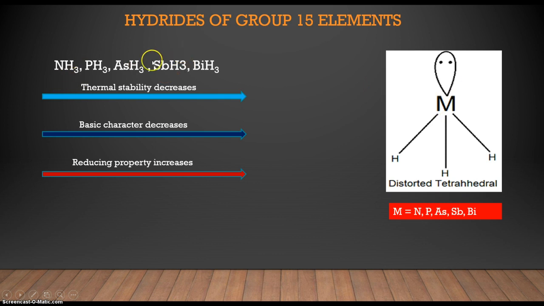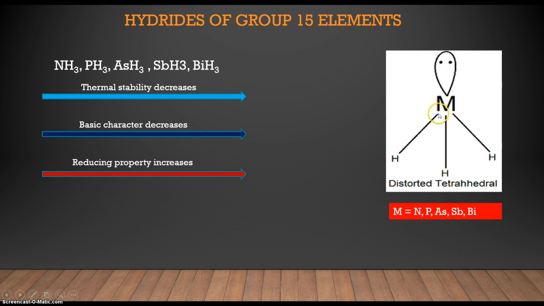Now, we are going to discuss some properties. What is the variation of some properties as we move from NH3 to BiH3? As you can see here, as we move from nitrogen to bismuth, the size of the elements increases. As the size increases, the length of the MH bond will increase.